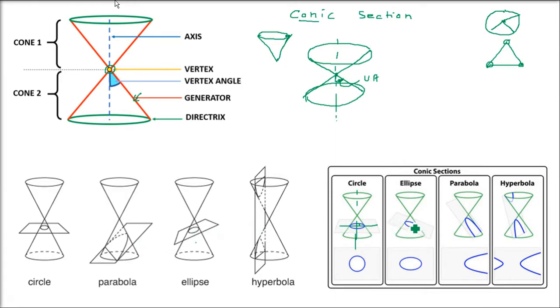Now just start tilting that plane. Some tilting, then again tilting, then again tilting. So you just tilt it, it will be an ellipse. Now tilt it more. Not fully, not cutting. If you extend it, it should not cut the upper cone also.